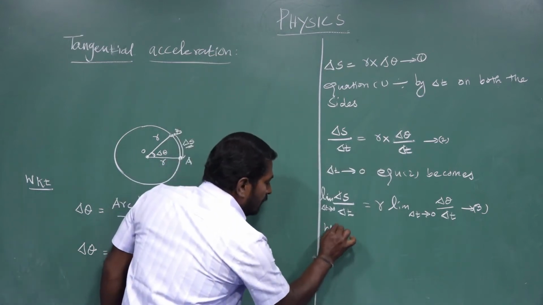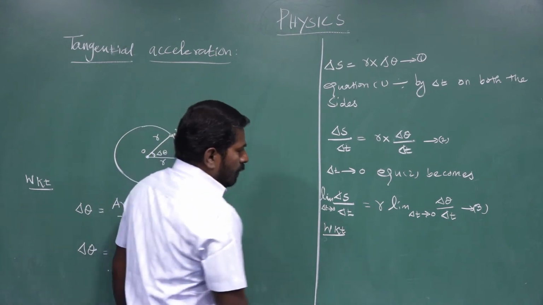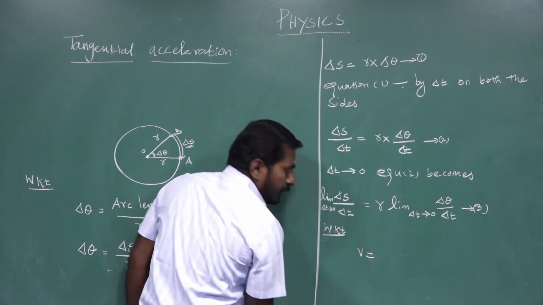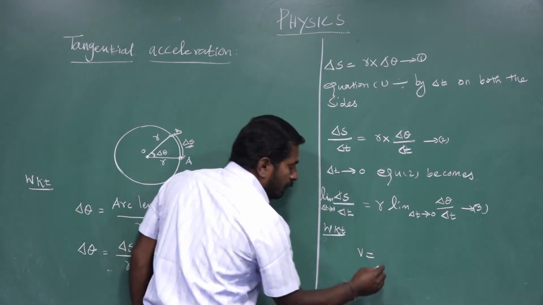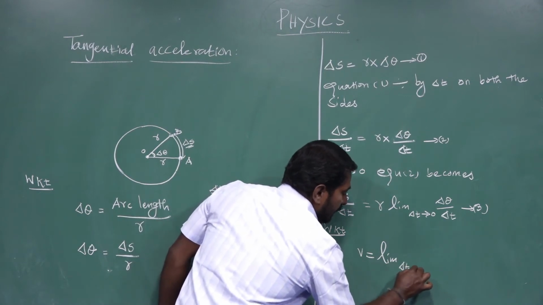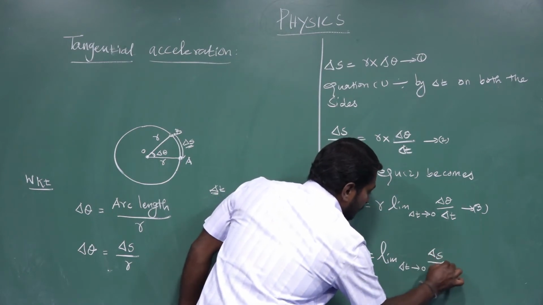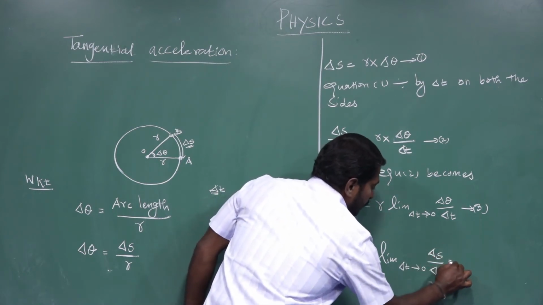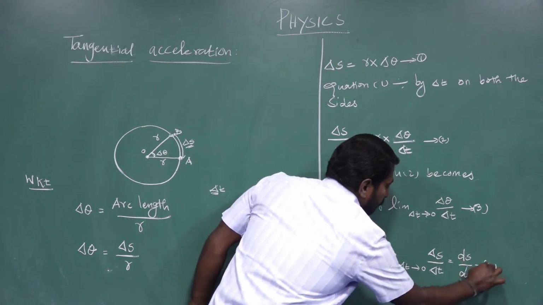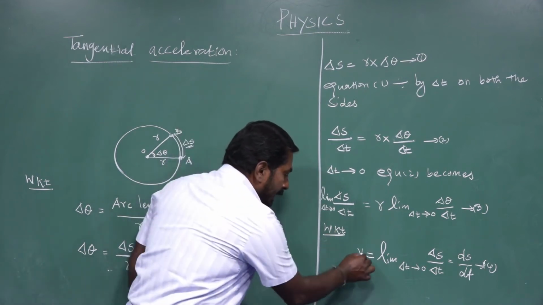Already we know from the previous video session that v, the linear speed, is equal to limit delta t tends to 0, delta s divided by delta t, which is equal to ds divided by dt, equation number 4.